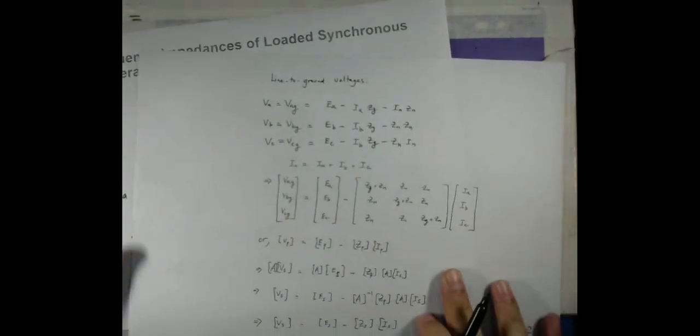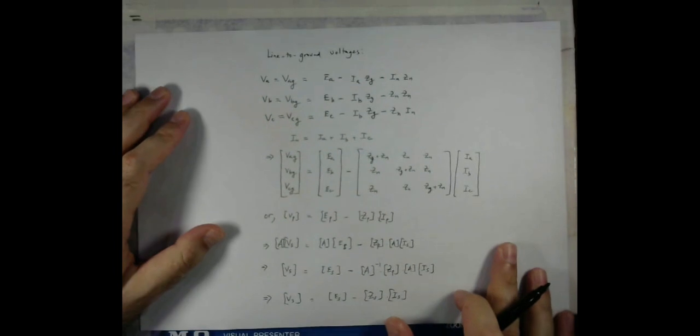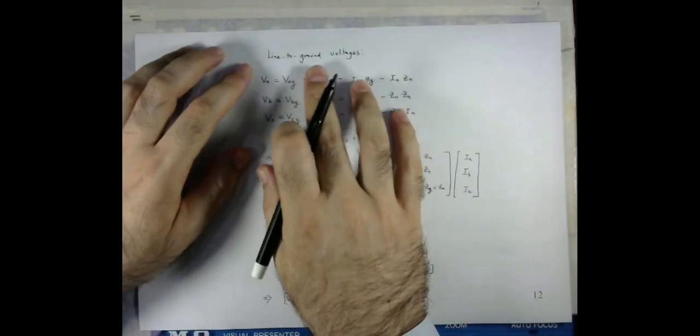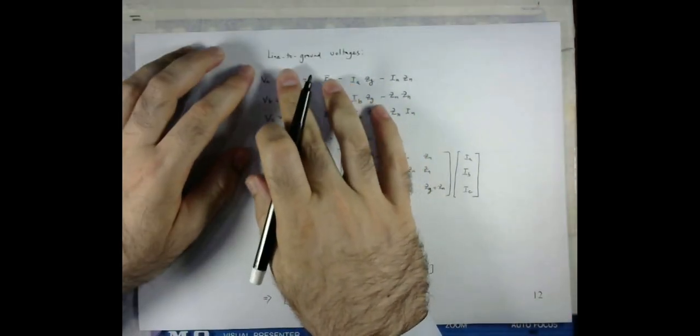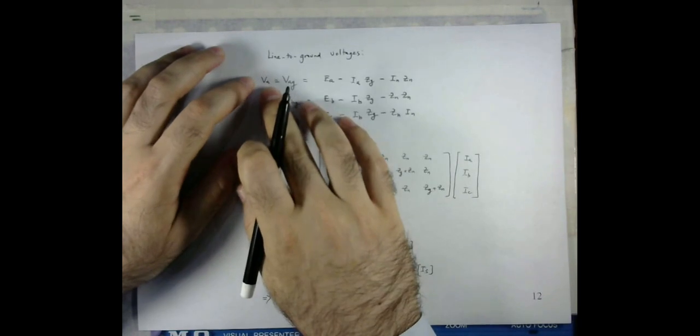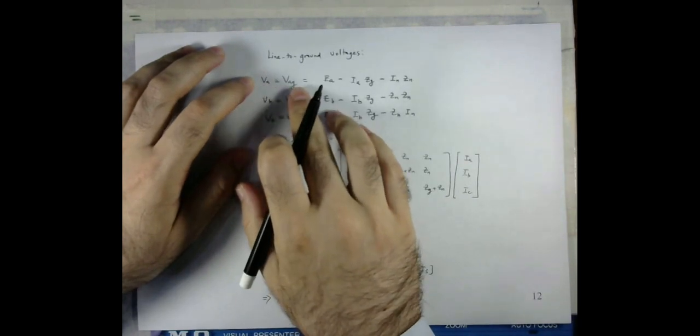So now the line to ground voltages, which are basically from this point to the ground. We are discussing the sequence networks of the synchronous generators. So now we are taking the case of the line to ground voltage VA, which is also equal to VAG.